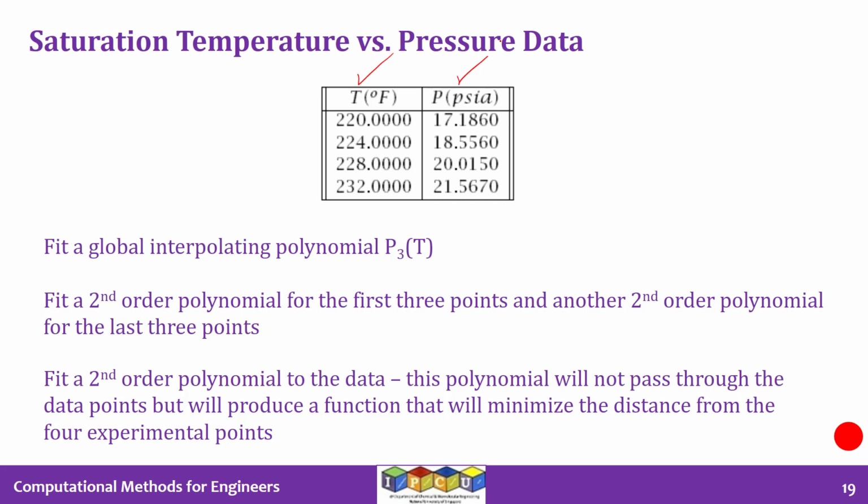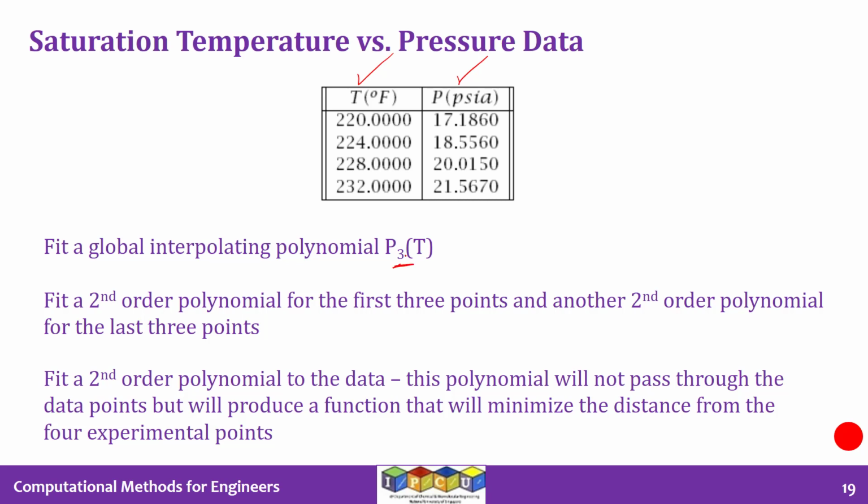If you want to express P as a function of T, then given 4 data points, an obvious choice for an interpolating polynomial will be to find one polynomial of order 3.